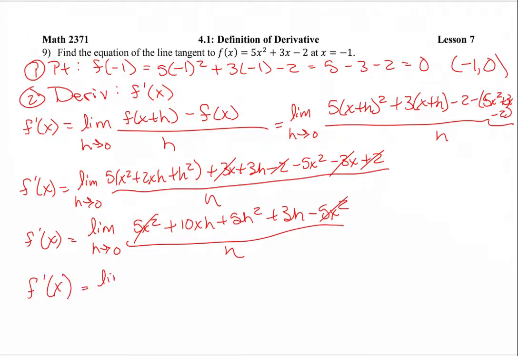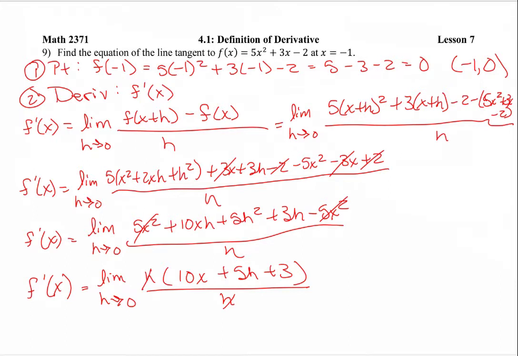So that's the limit as h goes to 0 of h times (10x plus 5h plus 3) all over h. My h's cancel, and so I'm left with the limit as h goes to 0 of 10x plus 5h plus 3. I'm going to let h go to 0, and so that's 10x plus 3.